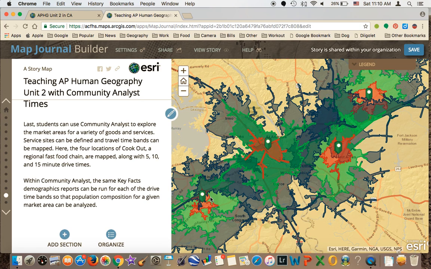We might think that the 10-minute drive time is perfect for Cookouts, but if we go into Community Analyst, we can see that each of these red 5-minute drive times, the infographic tells us that's about 20,000 people. So I'm guessing Columbia could support more than the current 4 Cookouts. Some pretty fun analysis all through Community Analyst.